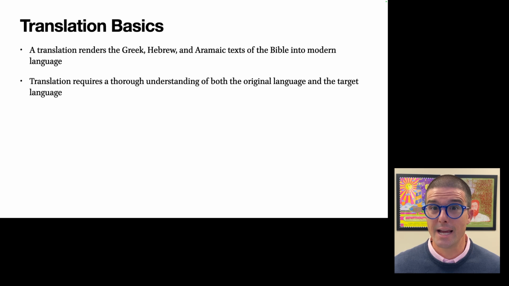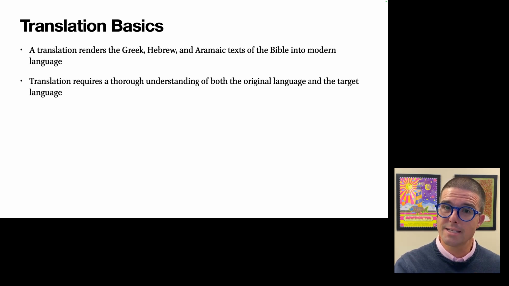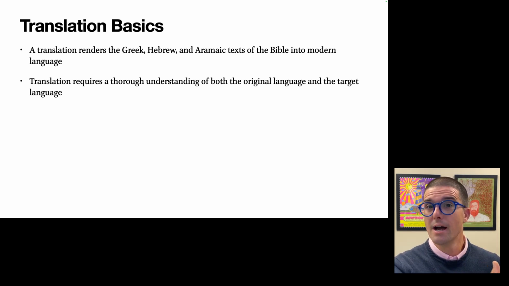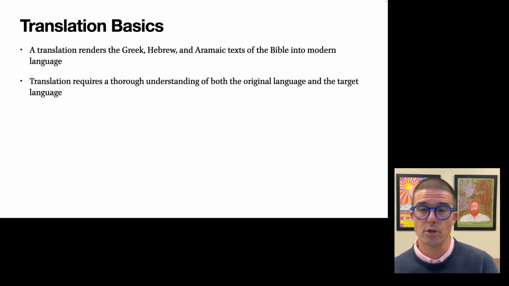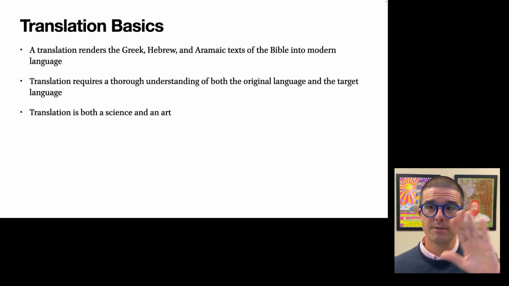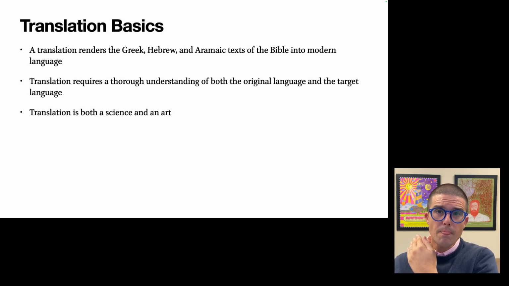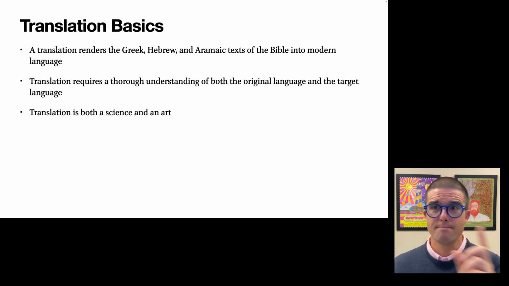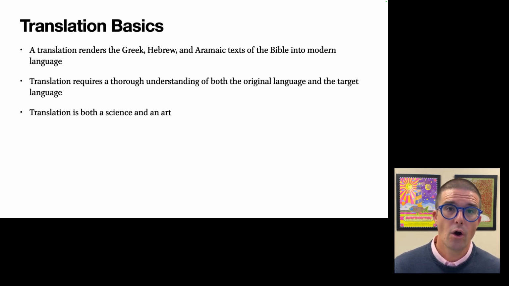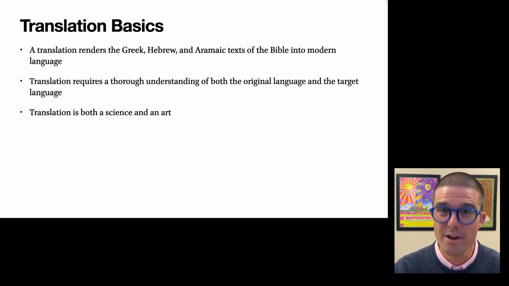They need to understand how English grammar and style and rhetoric works in order to translate the style, the rhetoric of the ancient language into the target language. And this makes translation both a science and an art. Translation is not simply a matter of taking each individual word, finding its corresponding word in English, and just mathematically transferring that over, because oftentimes words work together.